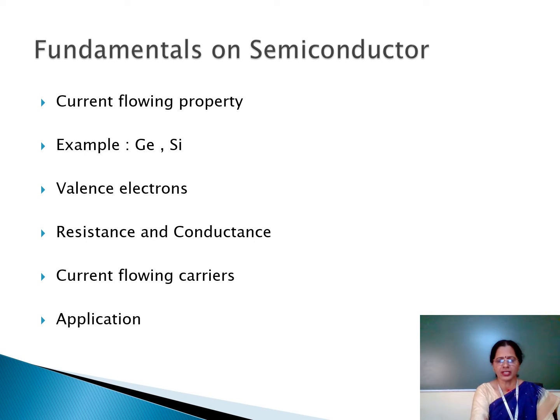Since the definition of a semiconductor is that it may or may not allow current flow, showing conductor property and insulator property accordingly, when current flows through the semiconductor, we get the current flow due to two types of charge carriers. One is named holes and the other is named free electrons.